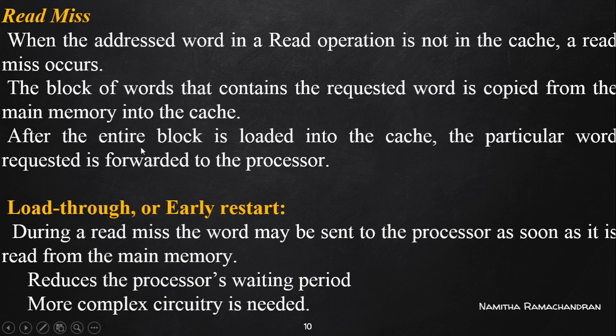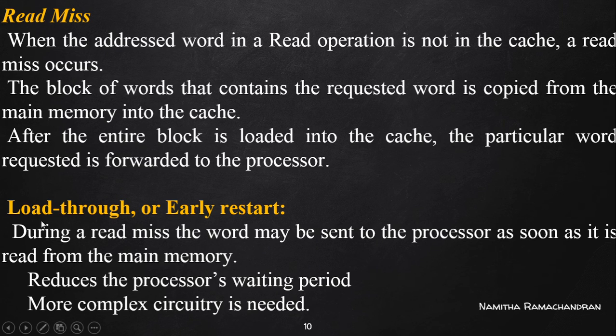Okay, and a read miss operation can be performed using what we call load through or early restart. During a read miss, the word may be sent to the processor as soon as it is read from the main memory. So we can read a block of data from the primary memory that contains the requested memory word, and as and when that is copied into cache memory, it is directly passed to the processor.